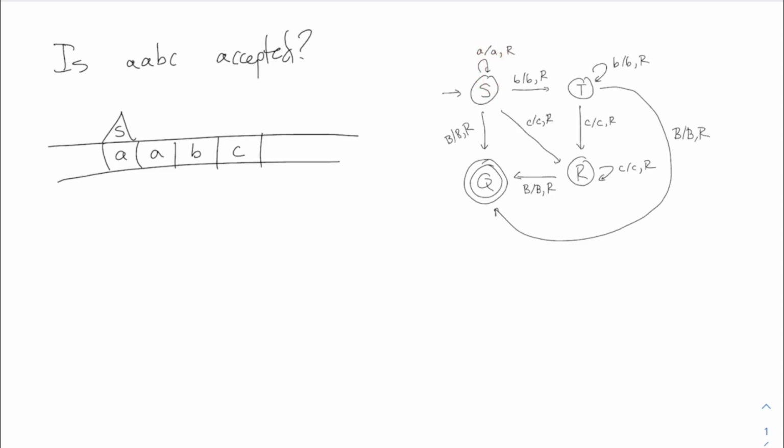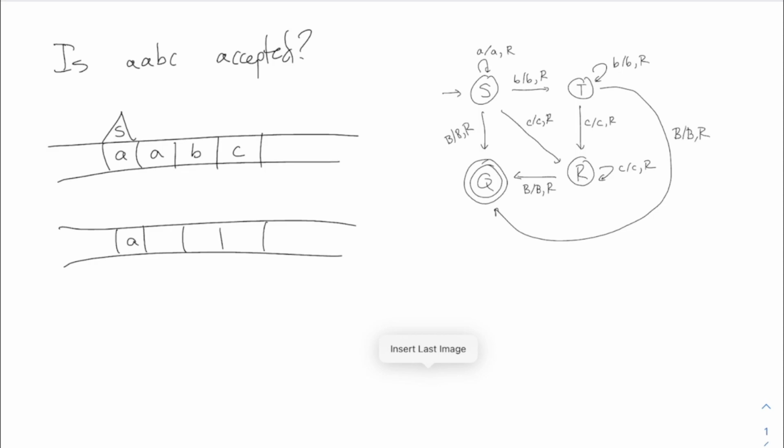So I am going to read the A, leave it as an A, move to the right, and stay in state S. So on the tape, I still have an A there, and I still have ABC in the other spots, but I have moved the head to the right, and the head is still in state S. This is quite a bit more complicated to keep track of than an NFA, but it's not so hard. We moved the head to the right by one spot, and we did not modify the tape because it said A/A. That means you read the A and you replace it by another A.